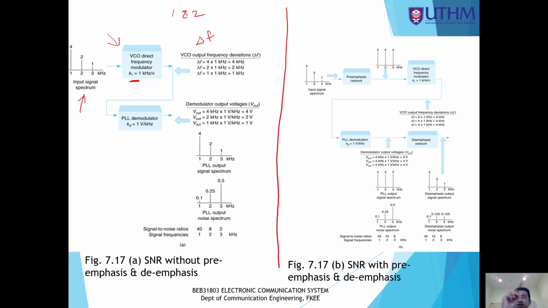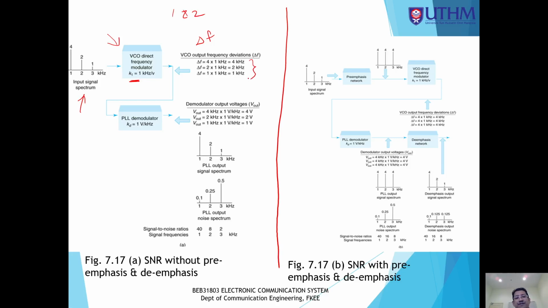That means how much is the deviation from the rest frequency. The VCO produces 3 different delta F.